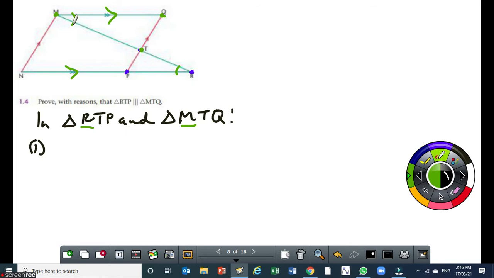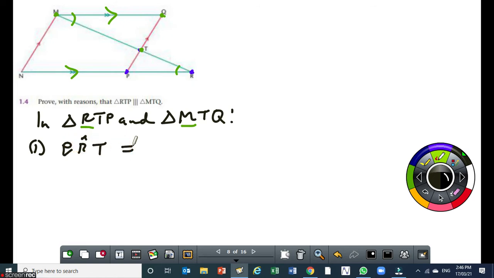So the first thing that I'll write here is angle R, but here I'm going to be more specific because I'm doing the RTP, so I'll call it PRT is equal to, I've got MTQ, so I'll call this angle here TMQ. You can also call it QMT. Then I'll write my reason, alternate angles.